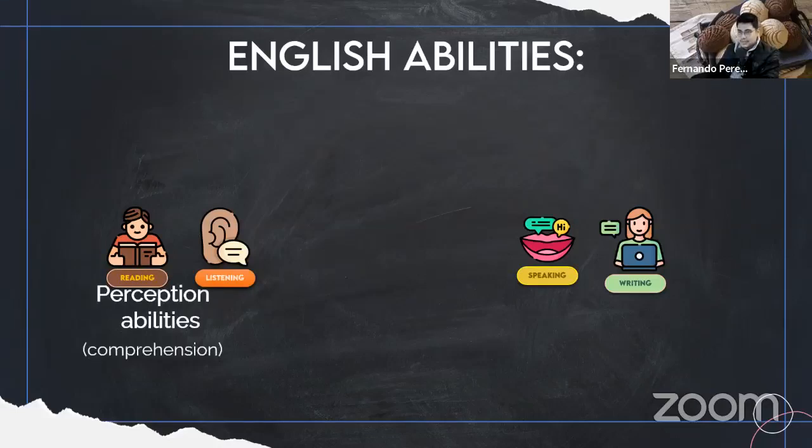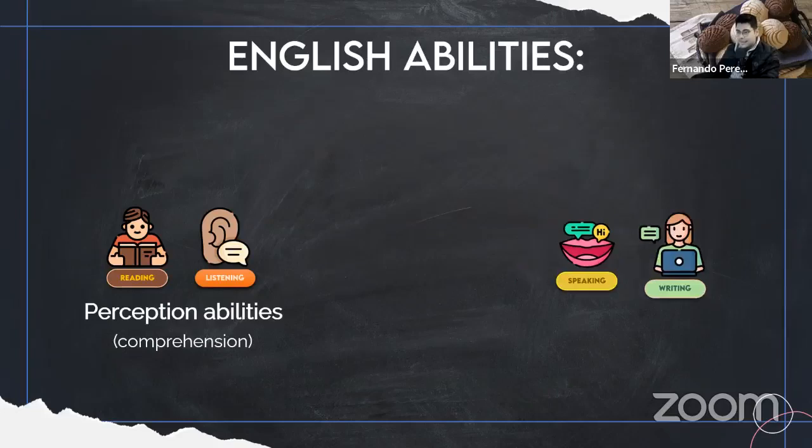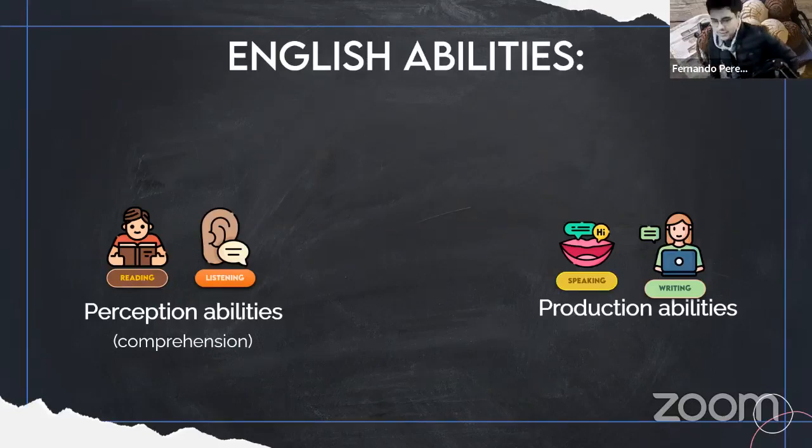So the perception abilities are for absorption of information. On the other side, speaking and writing are the production abilities. This is when you produce language, you create and transmit messages, okay?